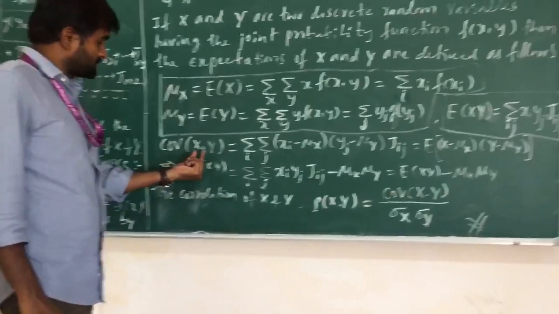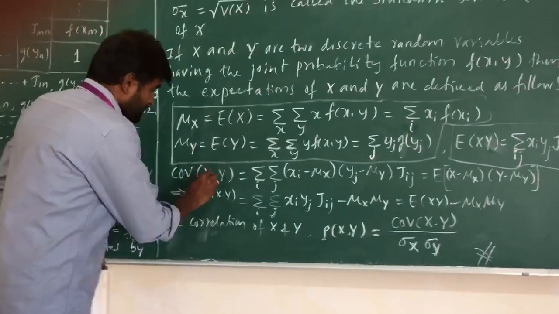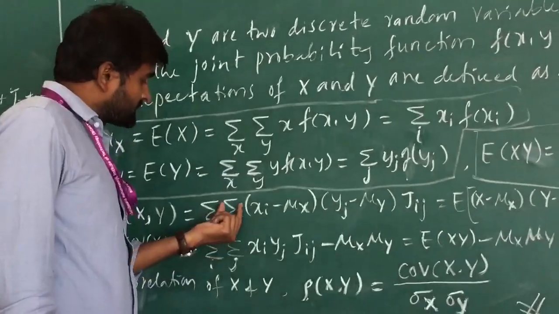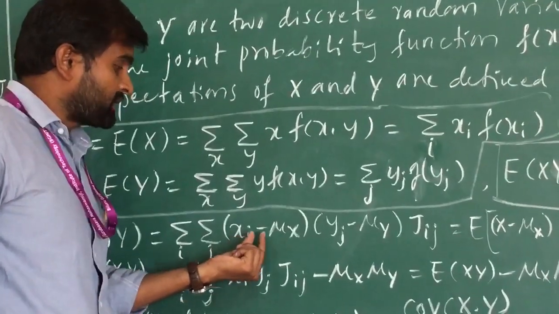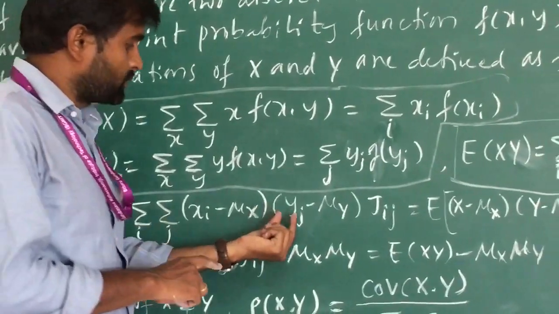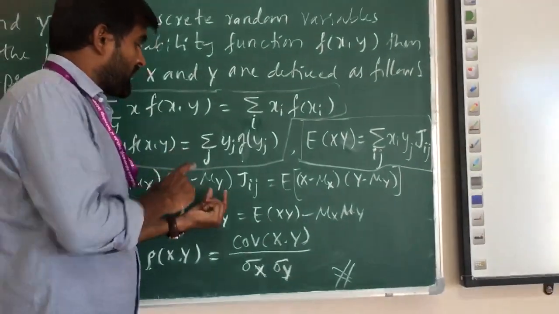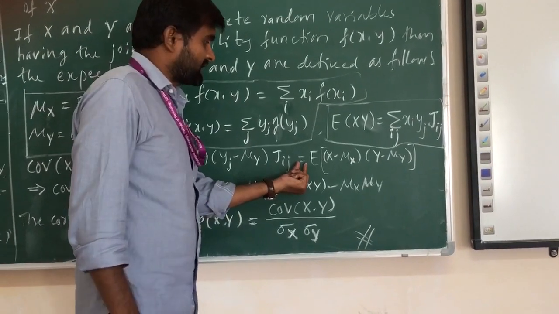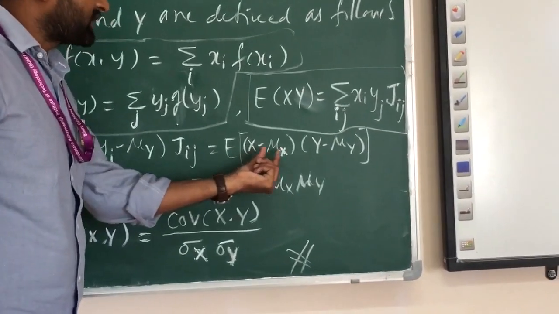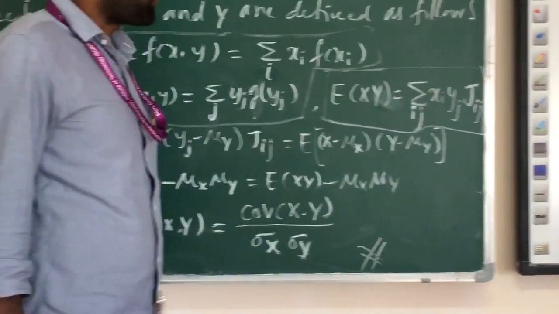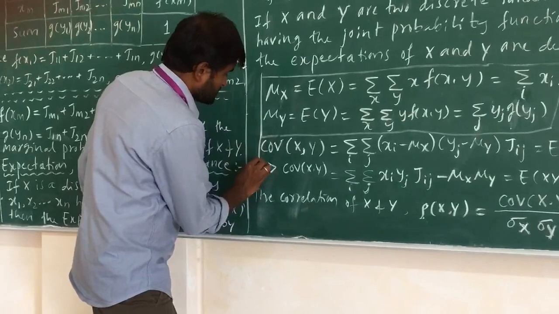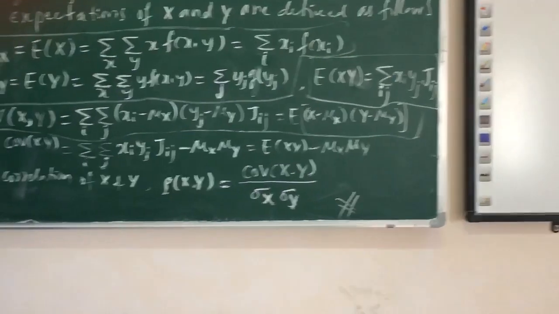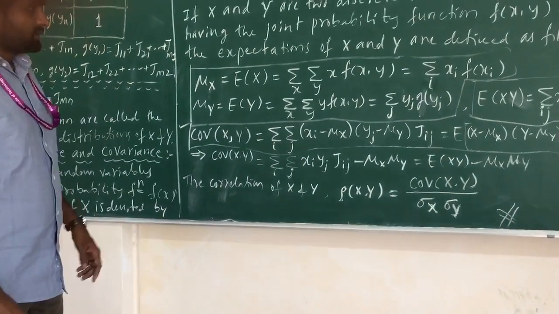Now the formula for covariance. Covariance of x comma y equals the sum over i and j of (xi minus mu x) into (yj minus mu y) into J ij, or equivalently the expectation of (x minus mu x) into (y minus mu y). This is also important; you have to remember it.